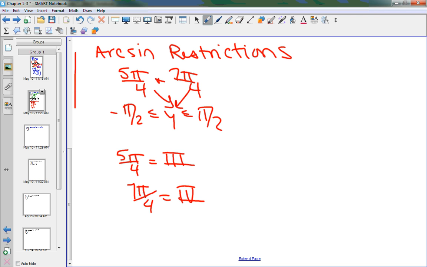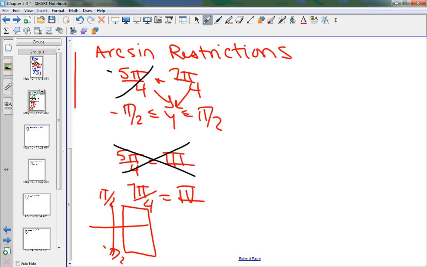Which one of those angles am I not allowed to be whenever I'm using my arc sine restrictions? Here's negative pi over 2, here's positive pi over 2, which means I'm in quads 1 and 4. Can I even be 5 pi over 4? No, which means this goes away completely.